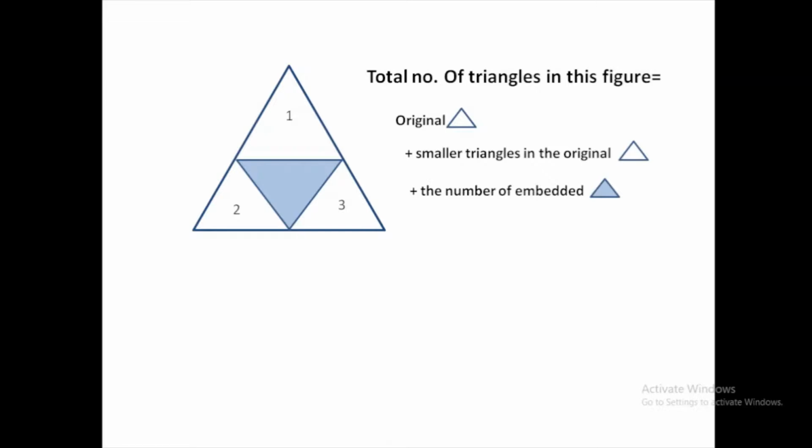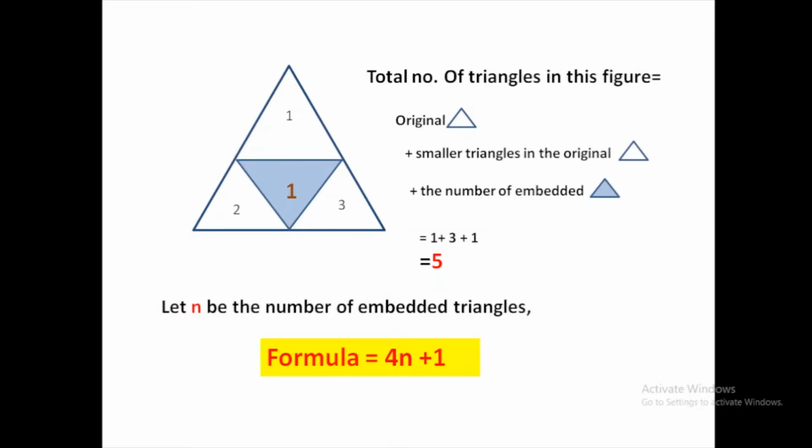Here in this case we just have 1. The formula says, if we assume n to be the number of embedded triangles within the original one, the formula comes down to 4n plus 1. So in this scenario, we have just one embedded triangle. So 4 into 1 plus 1 is equal to 5.